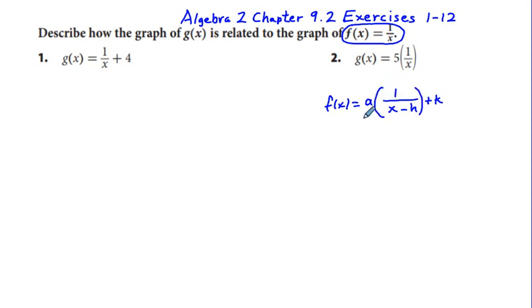So we're going to look at how eventually these items change the parent function, which is f(x) equals 1 over x. What a does is determine two things. It determines the vertical stretch or compression, we'll call that, of the parent function.